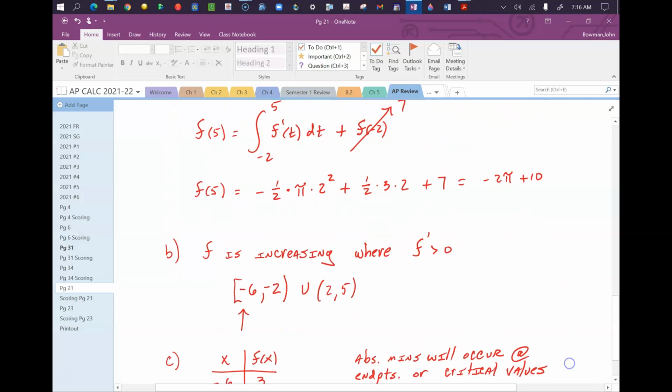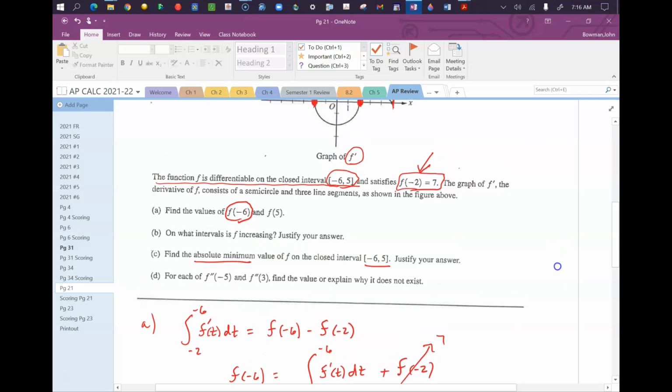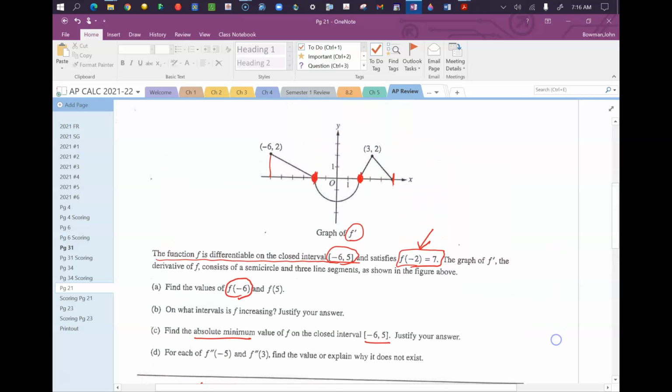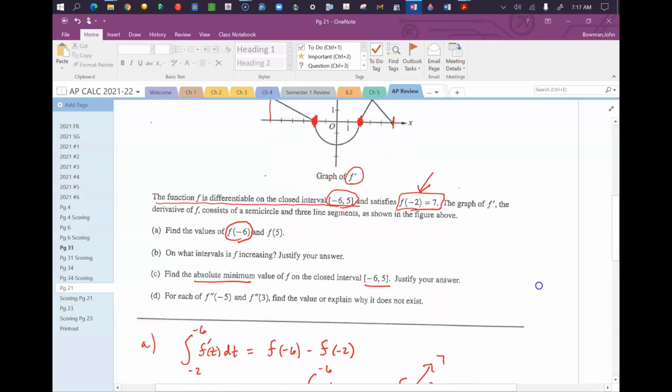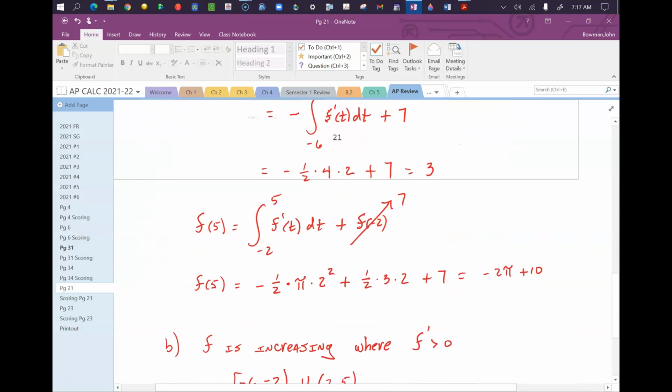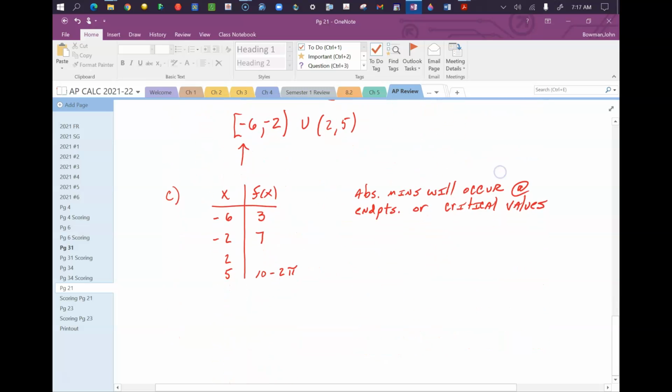Well, if we go back up here, remember f of -2 is 7. So if we integrate from -2 to positive 2, we have to take that integral plus 7, but that integral from -2 to 2 is -2 pi, because that's the area of that semicircle, which is below the x-axis. So it's going to be 7 minus 2 pi.